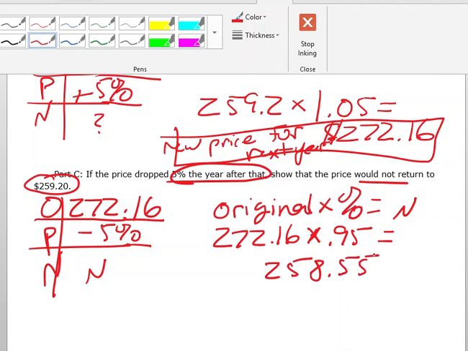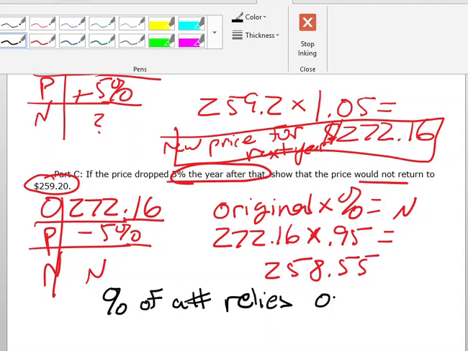Okay, so explaining it: a percentage of a number relies on its original value, or relies on that number, right?